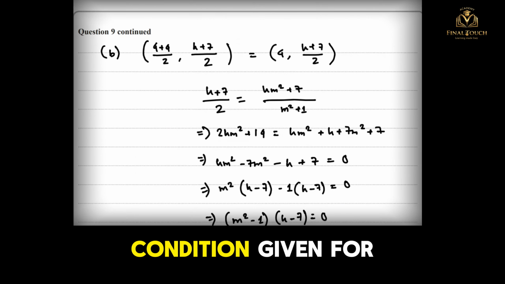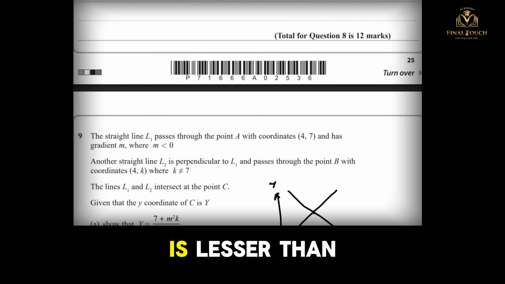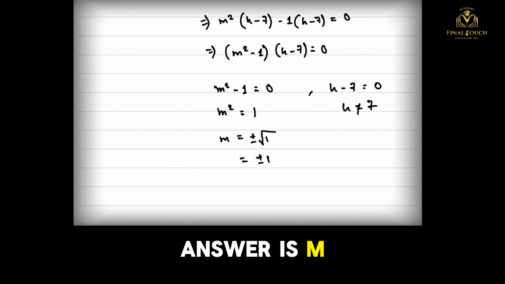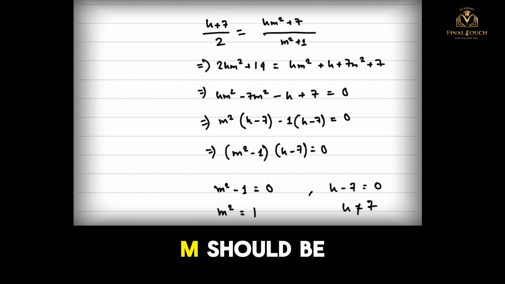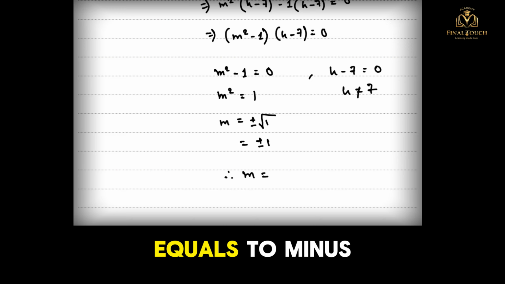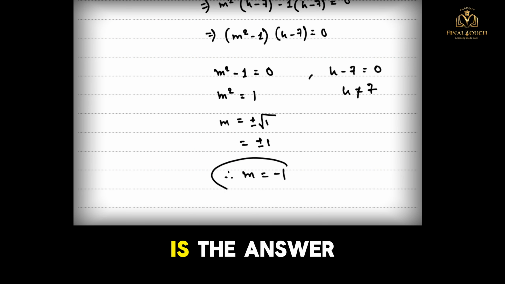There was this condition given for the value of m, which was m is less than 0. So our answer is m should be equal to minus 1, not positive 1. So this is the answer.